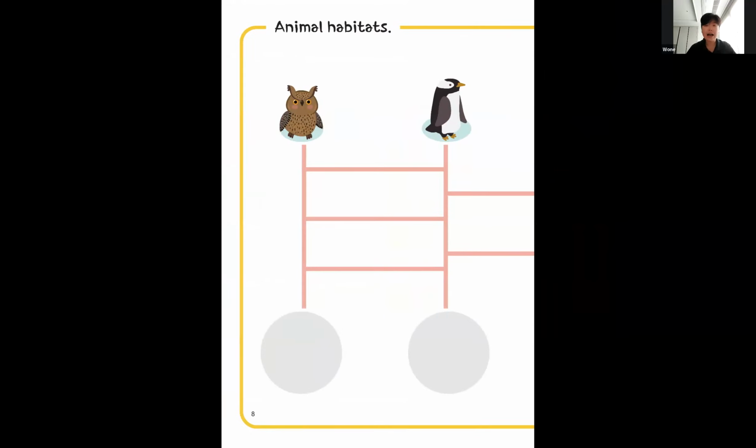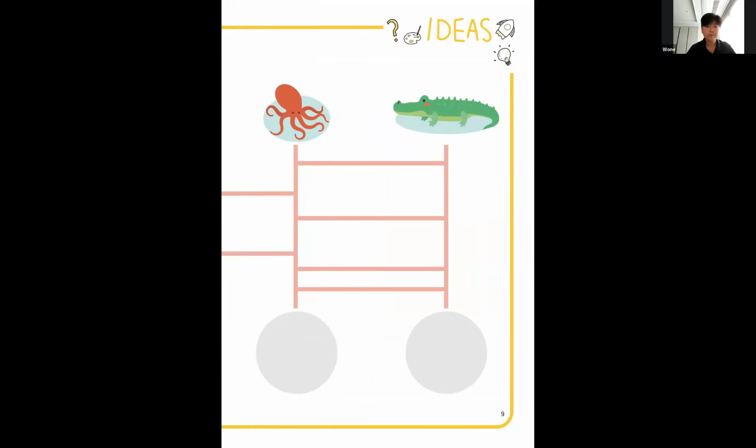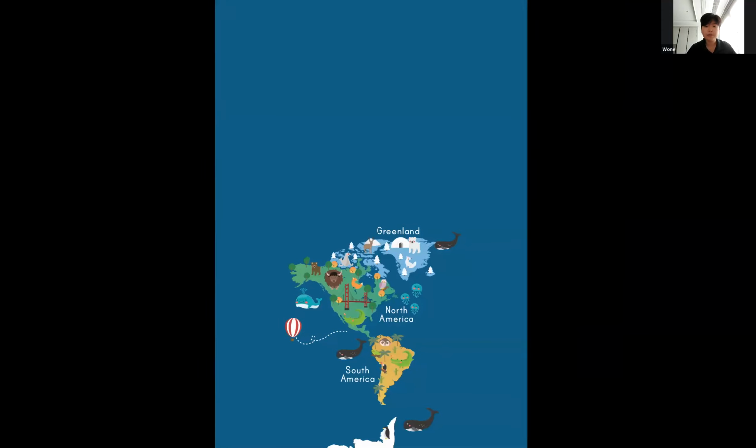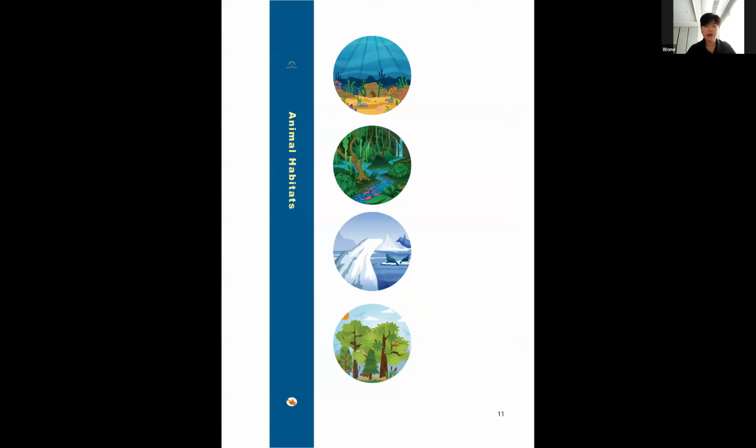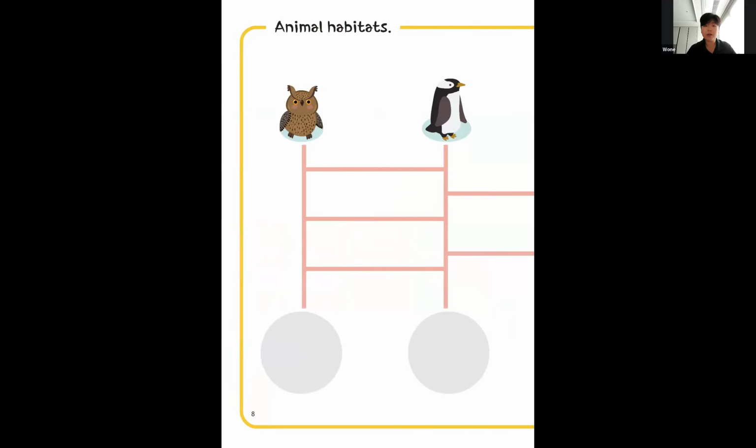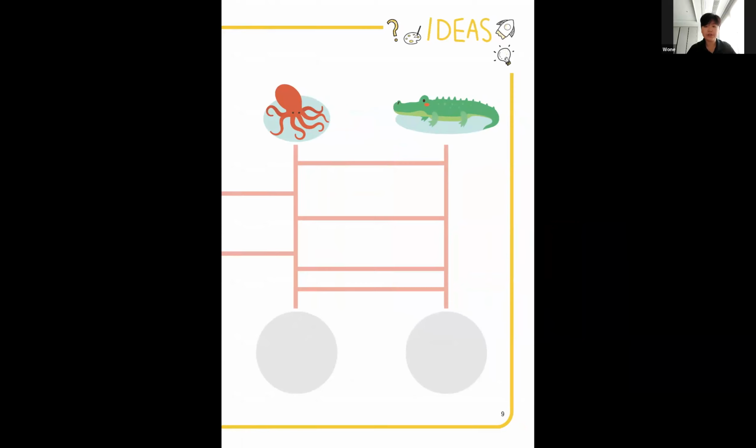We have an owl, a penguin, right? An octopus, an alligator. Very good. You're going to cut these out. You're going to cut the locations out, and then you are going to play the ladder game and glue them on to the correct locations. All right, let's go on to the workbook.